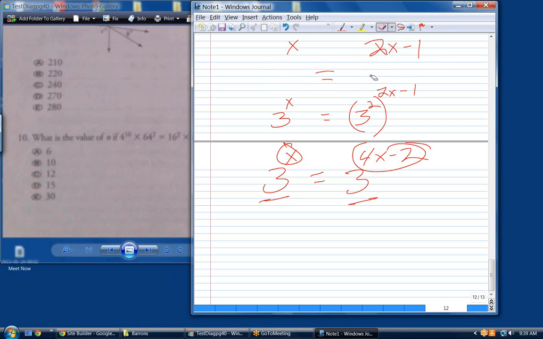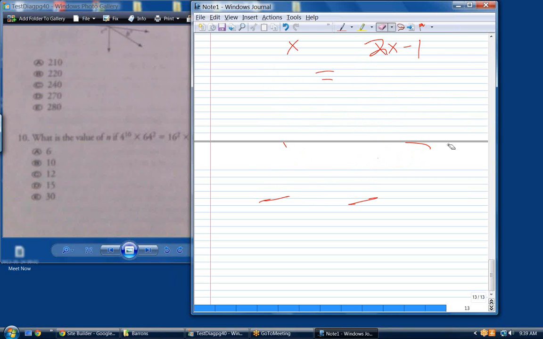And they can get a little bit more tricky, leaving the numbers that we have here. If I said 9 to the x was equal to 27 to the 2x minus 1, we would solve this in a very similar manner. What is the common, not factor, but the common exponential base of 9 and 27? 3.